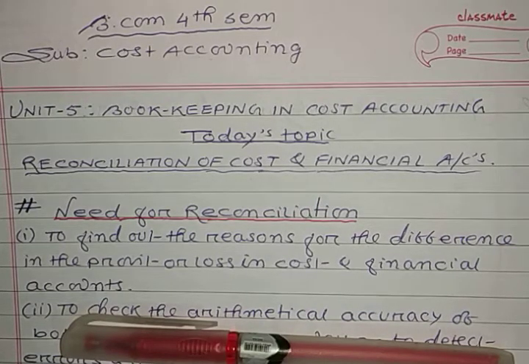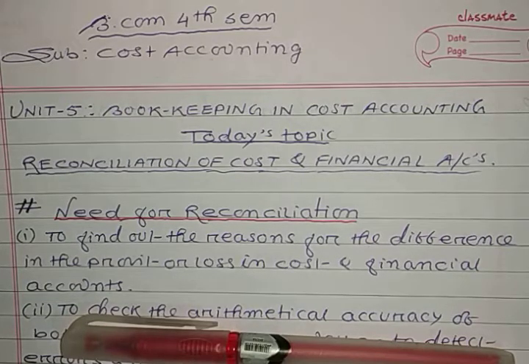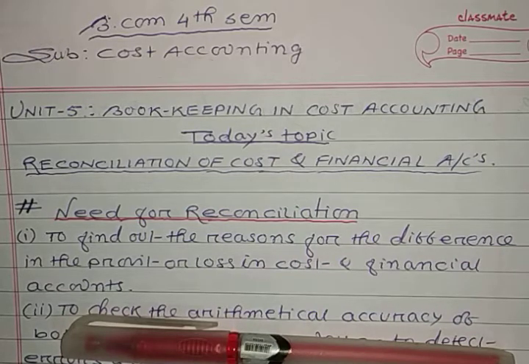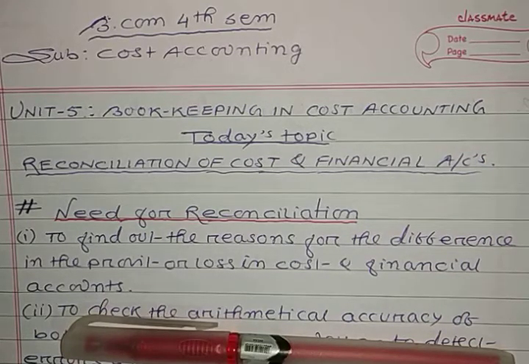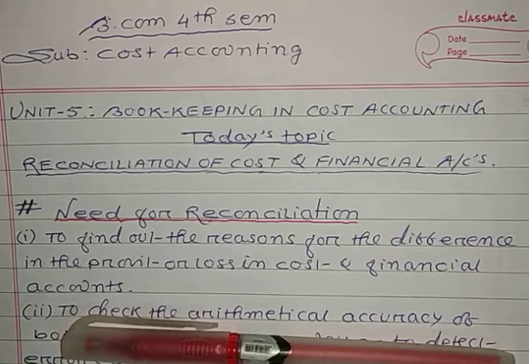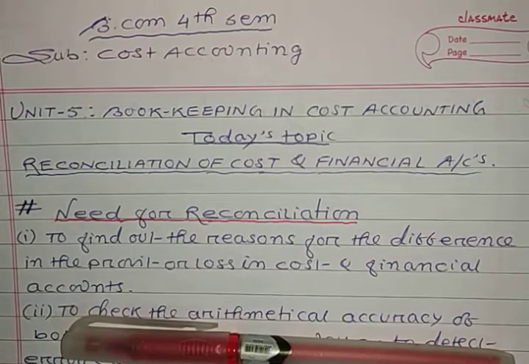In the integrated accounting system, that is the non-integrated accounting system, only one set of accounts is maintained which contains both financial and cost accounts. In such a system, there is obviously no need for any reconciliation between cost and financial accounting.